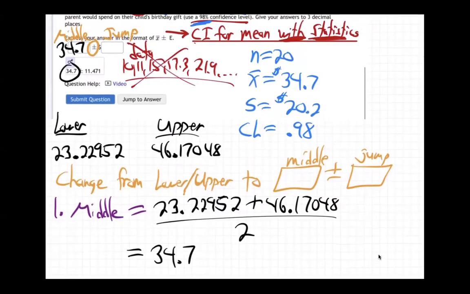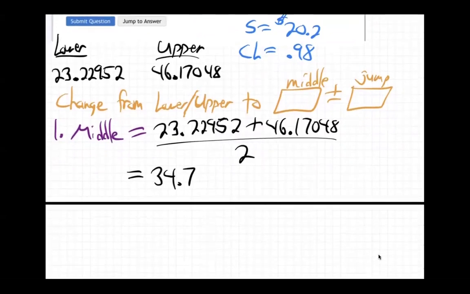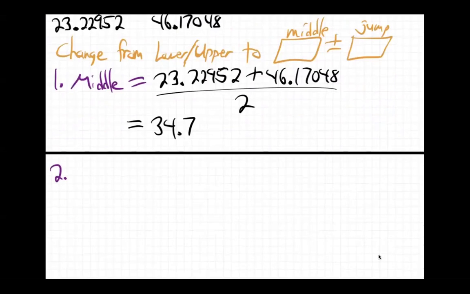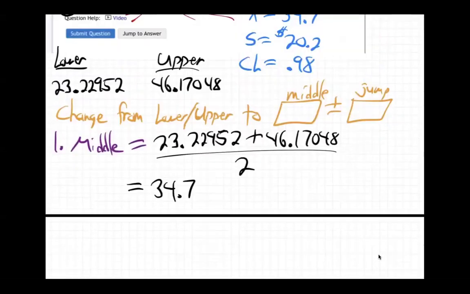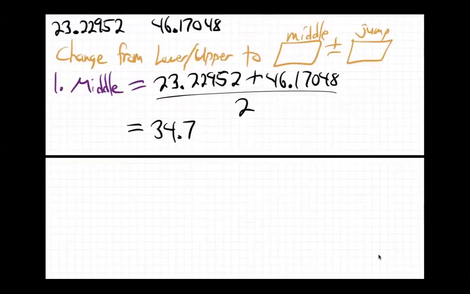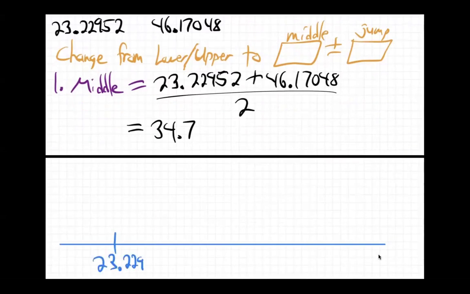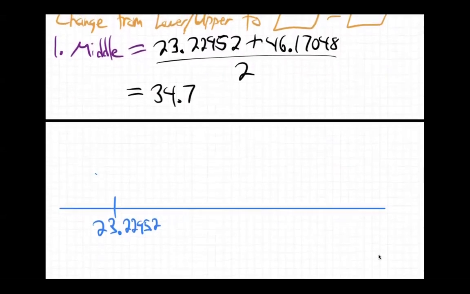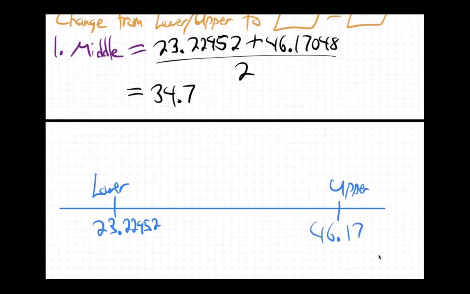And then next, you've got to find the jump. What is the jump number? Maybe it'd be helpful if I showed a little number line of what in the world we're even doing. If you have a number line, and 23.22952, that's the lower answer we got from the calculator. And over here, the upper answer we got from the calculator, which was 46.17048.